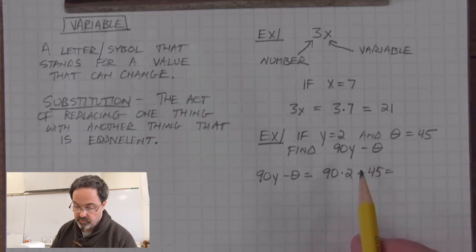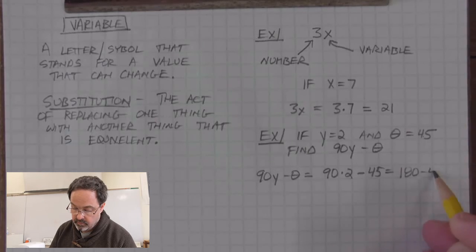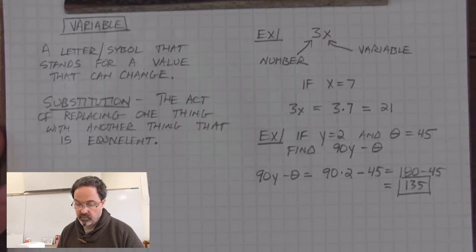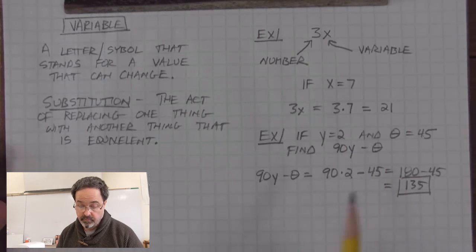By order of operations, we multiply before we subtract. 2 times 90 is 180. And 180 minus 45 is 135. So we have an example of an expression with two variables, and we substituted values in for those variables.